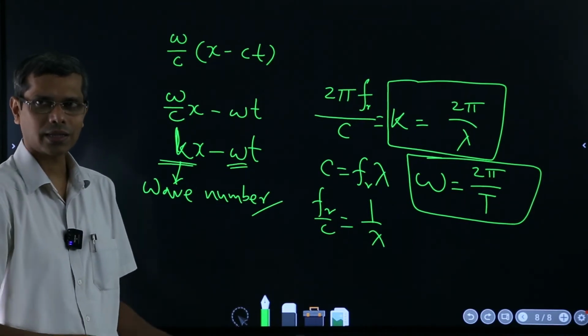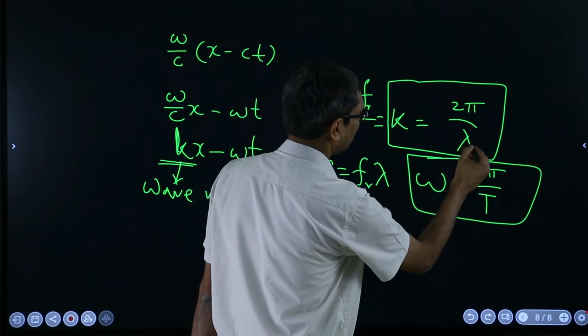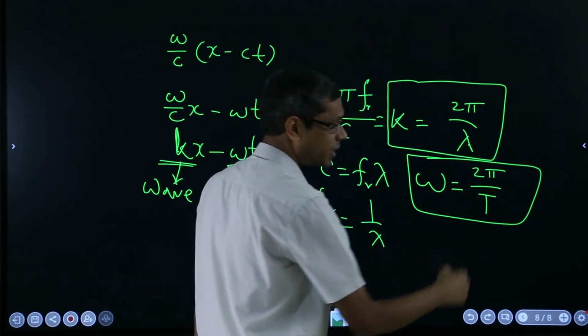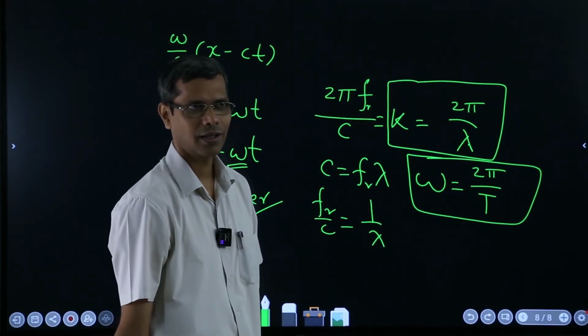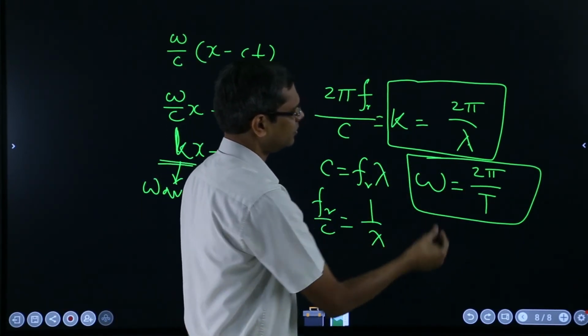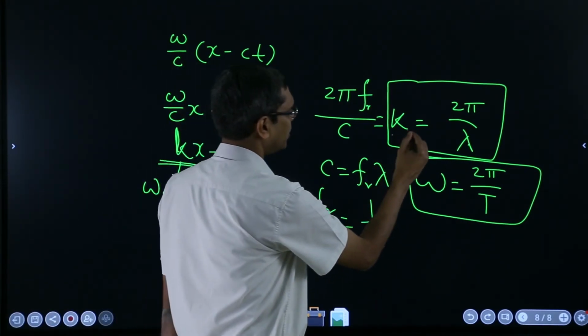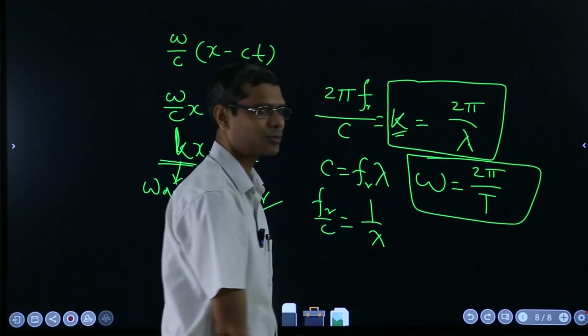Like, that's why I said like angular frequency for space, so that lambda is like time period in space, right? So the expressions are exactly same. So that is why wave number is like omega for space.